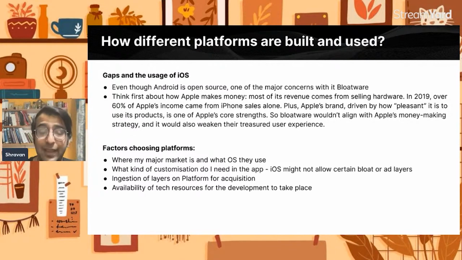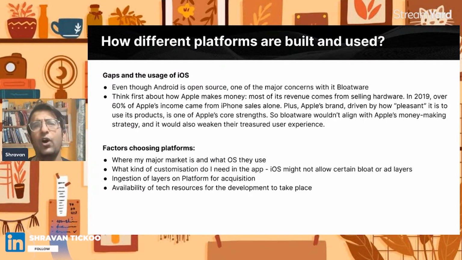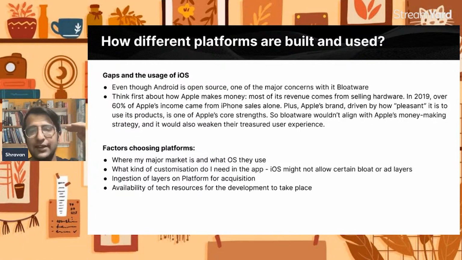In order to make decisions on how to use a platform, the first thing you have to think of is where my major market is and what OS they use. For example, let me ask you this question. You are building an app for people to drive 10 rupee subscriptions in tier 2 cities for music or podcast subscription. So tell me which OS would be far more usable. Now you have to decide what the different factors are.